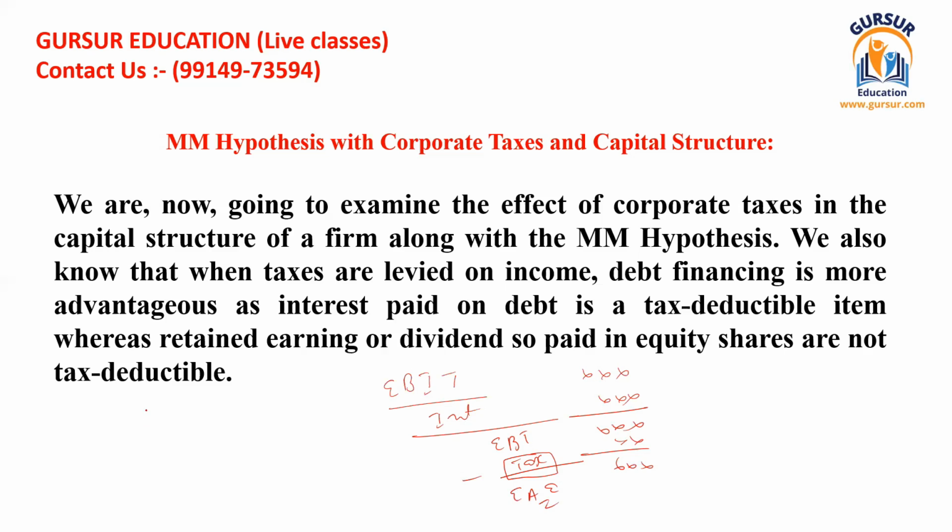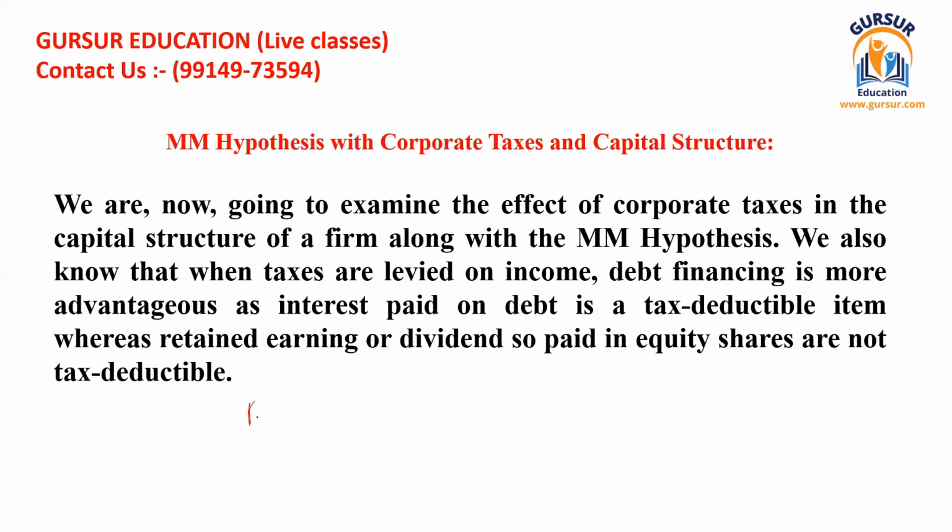I'm just going to give you a very simple example. Suppose there are no taxes, and you are earning 15,000 EBIT, then you have to distribute all that income. When you have issued the debenture, obviously you have to pay them the interest.